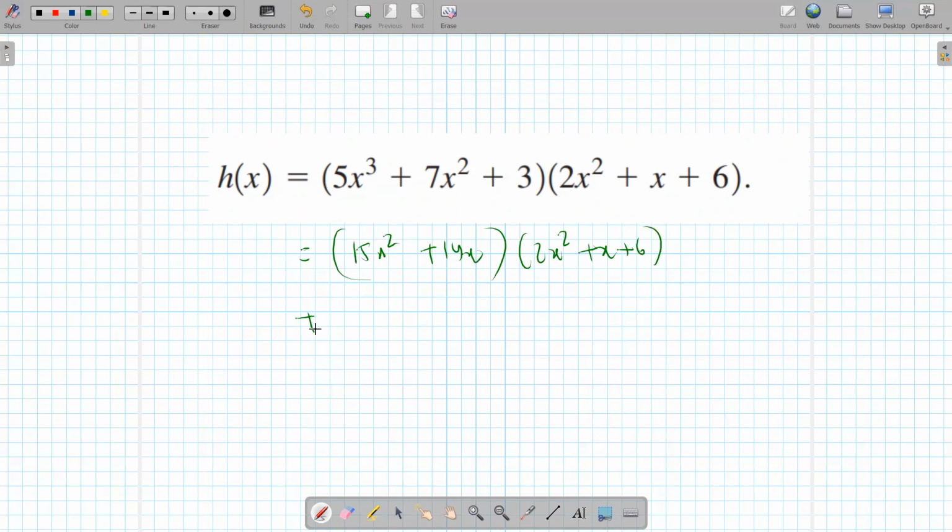What's the second half of this? You write f as it is. What's g prime? 4x plus 1. 4x plus 1, perfect.